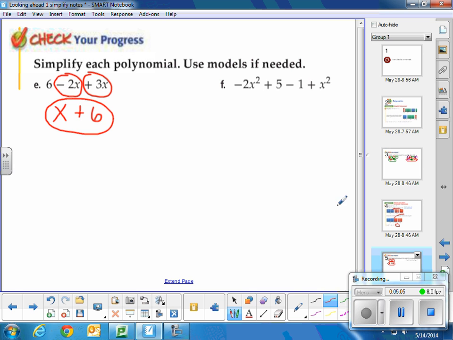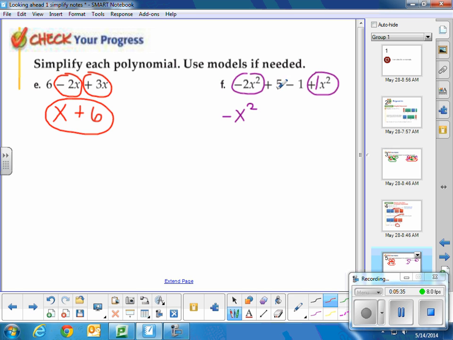Our last example, we'll go ahead and start with the x squareds. We have a negative 2x squared and a positive x squared. Remember, if there's no number in front of the variable, it's a 1. Negative 2x squared plus 1x squared. Negative 2 plus 1 is a negative 1x squared, which can be written as just negative x squared.